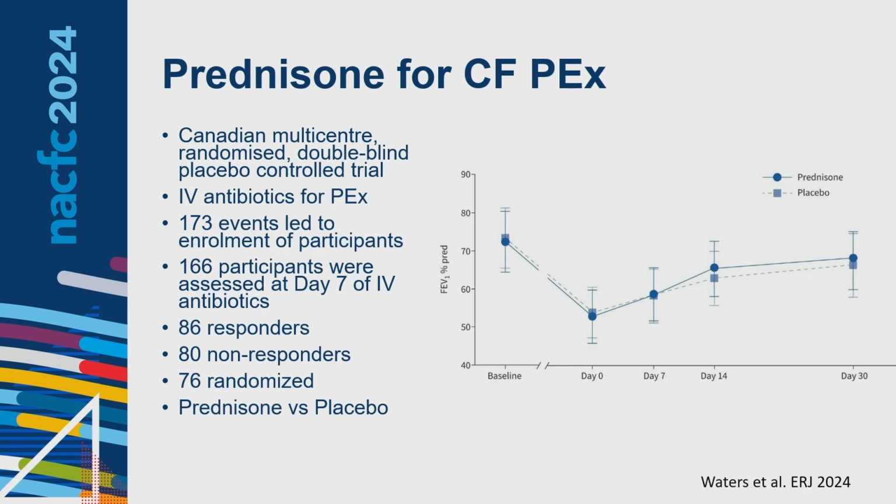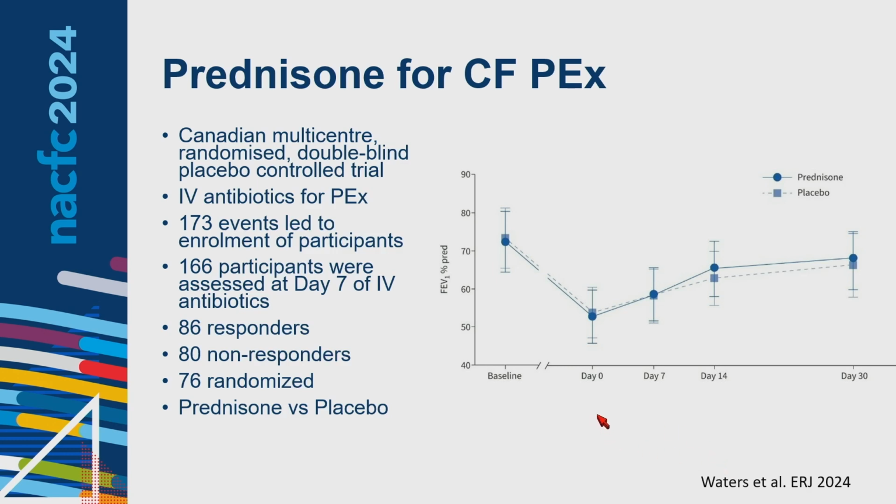There were 173 events that led to enrollment of participants, and 166 of those were assessed at day 7 of IV antibiotics and divided into those that were responders and non-responders. The non-responders were those not recovering to 90% or over of baseline lung function. They were randomized then to prednisolone versus placebo.